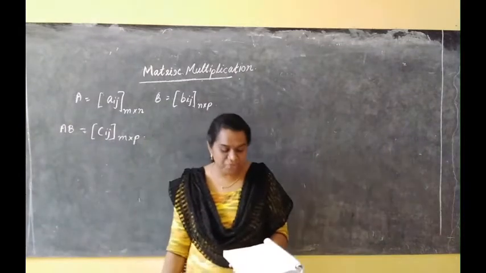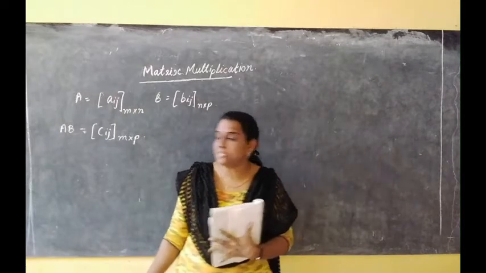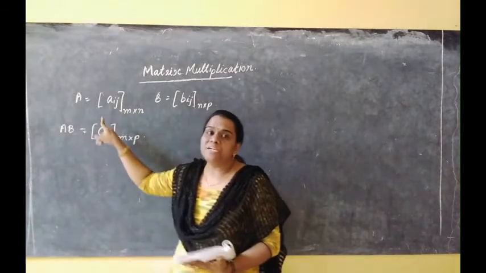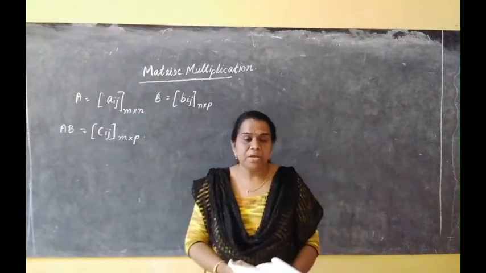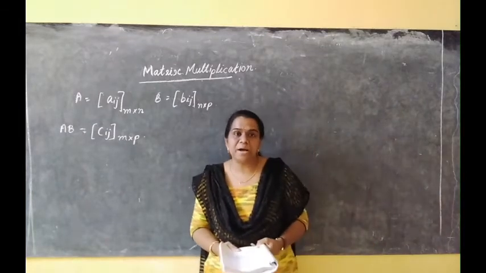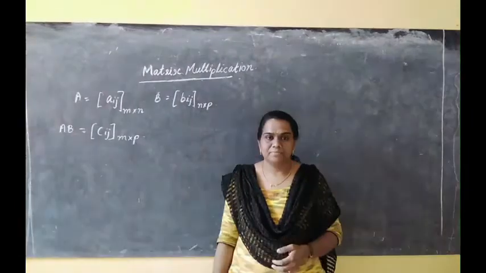Then the product of two matrices A and B, if defined, there is a condition for that. The number of columns of the first matrix must be equal to the number of rows of the second matrix.